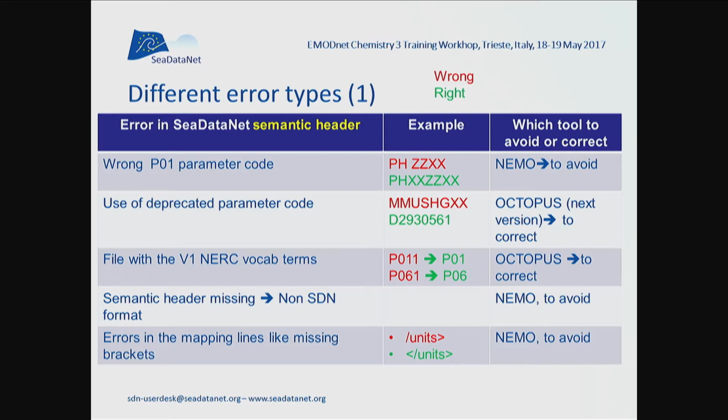The use of deprecated parameter codes also happens because you created your files maybe some years ago, and now one of the parameters you used some years ago doesn't exist anymore. It does exist in the P01 vocabulary, but it's deprecated, so you are not allowed to use it anymore in your data file.